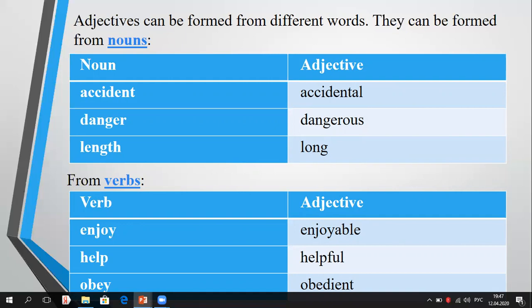Adjective, long. Then the next table is adjectives that are formed from verbs. Verb, enjoy. Adjective, enjoyable. Verb, to help. Adjective, helpful. Verb, to obey. Adjective, obedient.